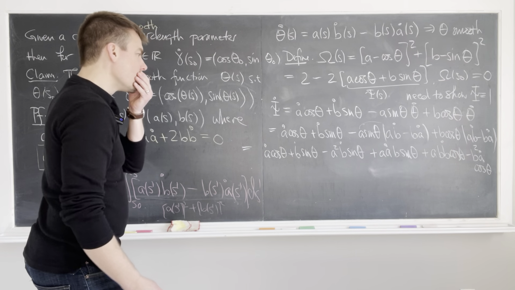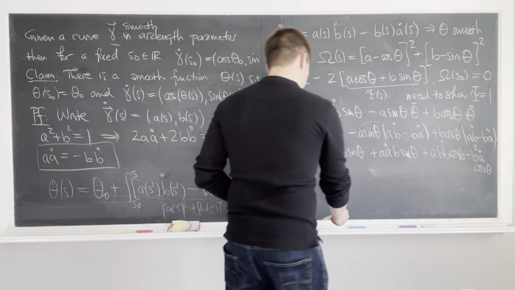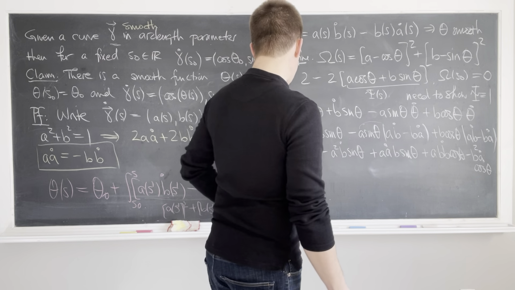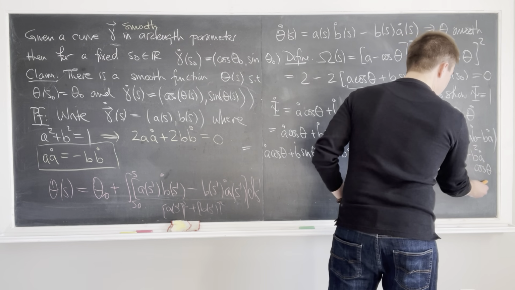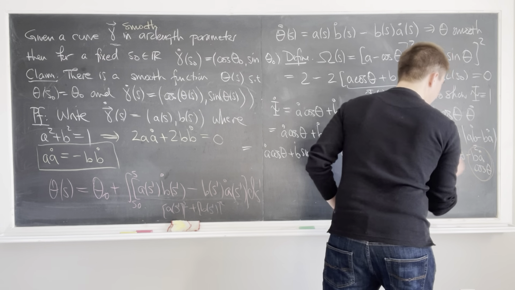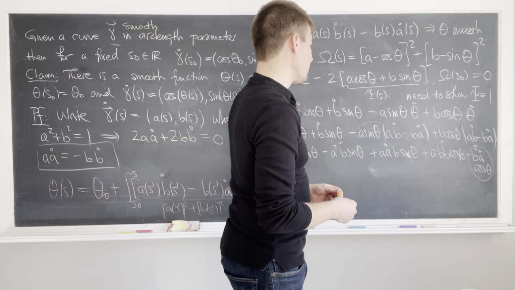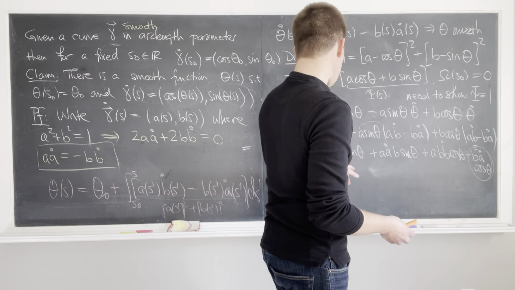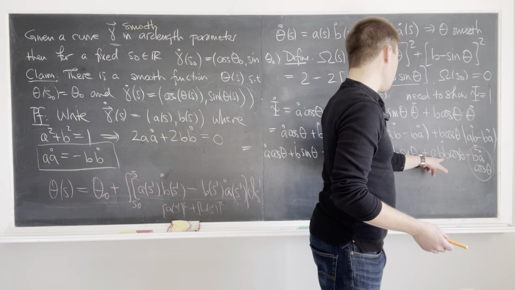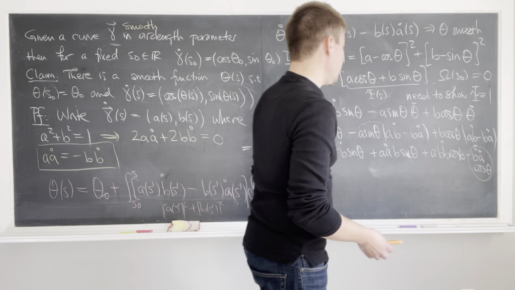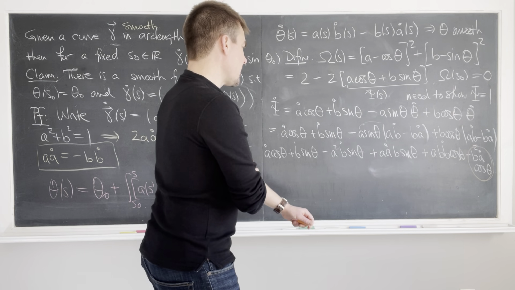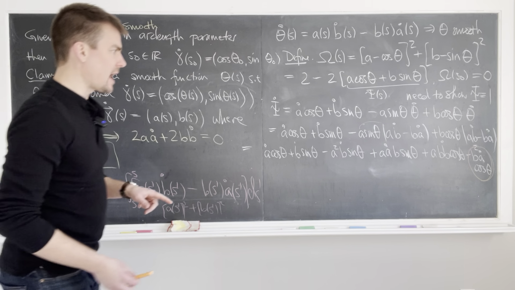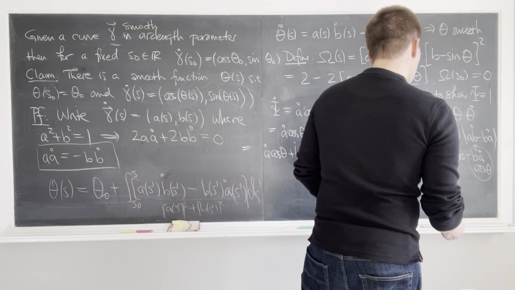Great, okay? Now let's look at these terms carefully. I have an a dot, and then I have a b squared, that's a negative. And then I need another cosine term over here. Well, let's look at this term, a b b dot, but b b dot is the same as negative a dot, right?